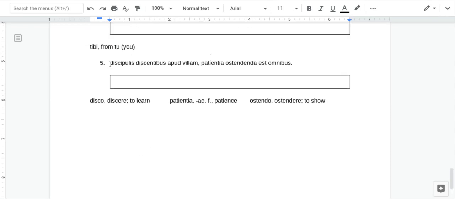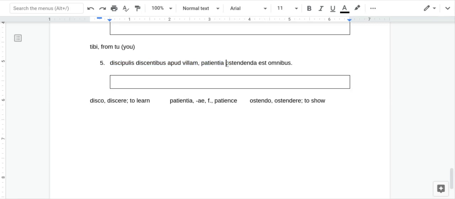All right, number 5, with the students learning, and some of you guys were able to get where I was going here. Apud can mean at or among. And then villa is a home or a country home. So with the students learning at home, patience.